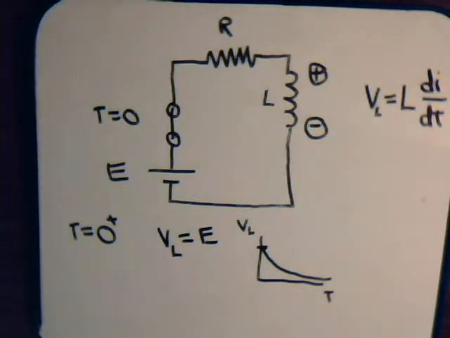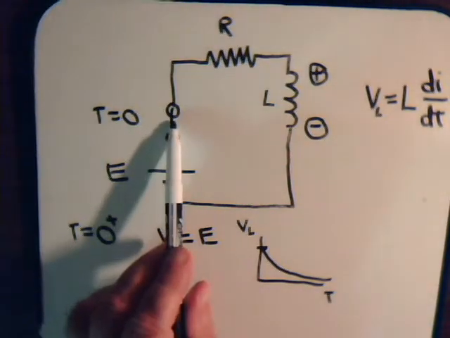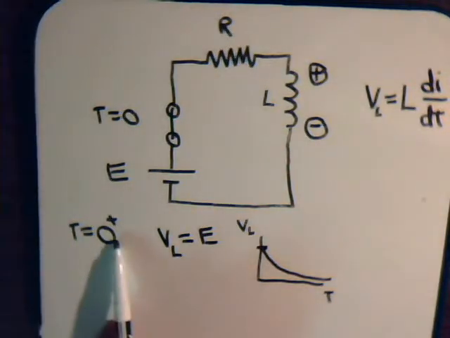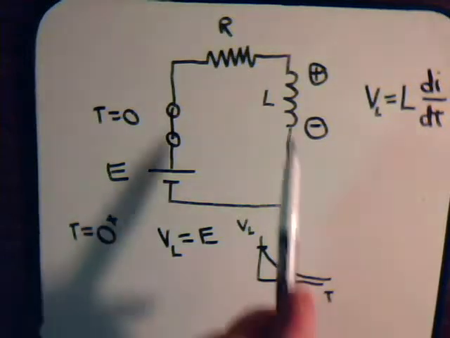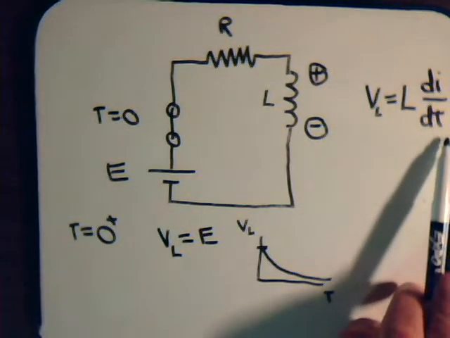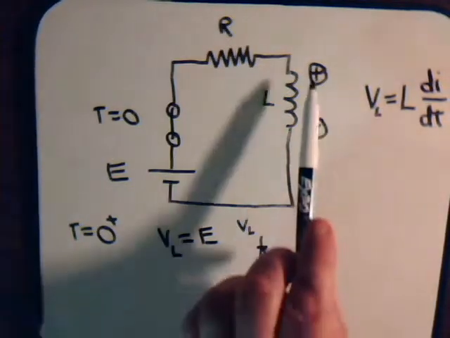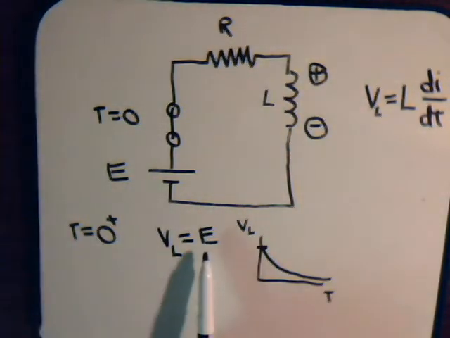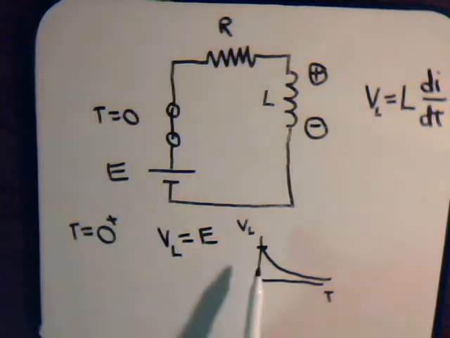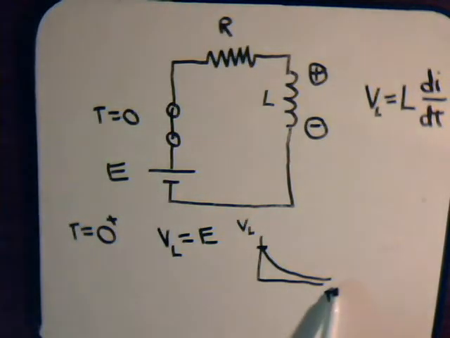So instantly after we close the switch, the rate of change of that trickle of current, multiplied by the inductance of the coil, makes the induced voltage equal E, the battery voltage, and then it decays off afterwards.